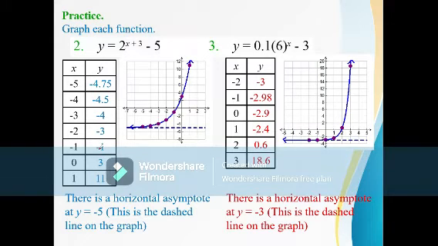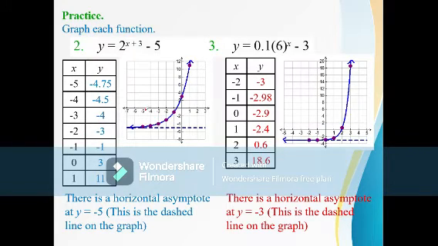Then, after that, you are going to plot all the points. If x is negative 5, y is negative 4.75. Then, if x is negative 4, y is negative 4.5. If x is negative 3, your y is negative 4.